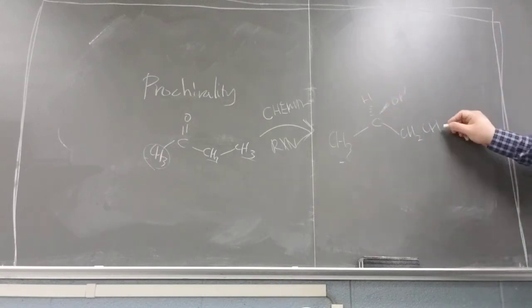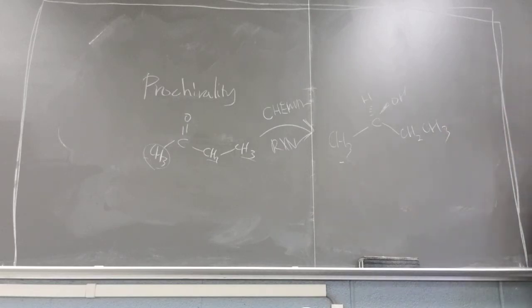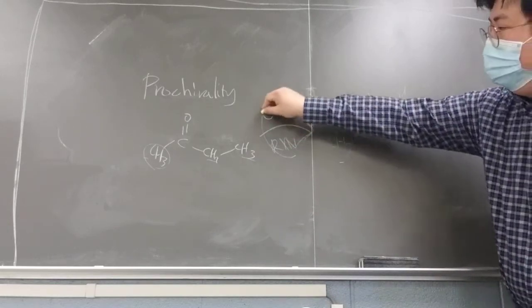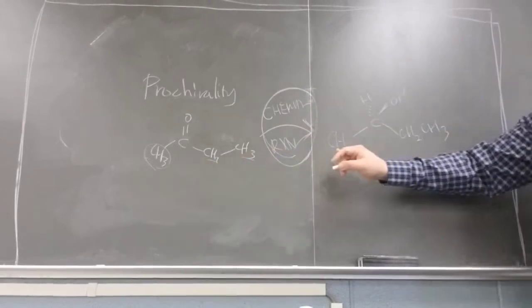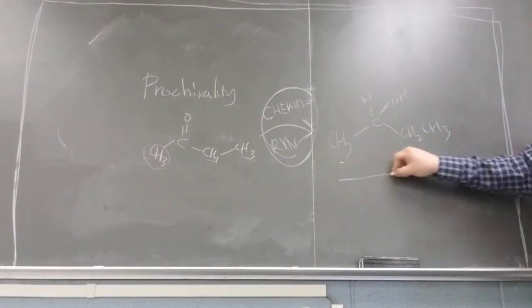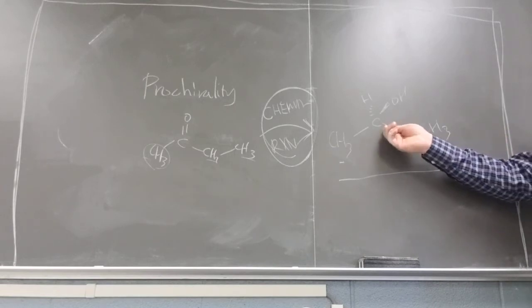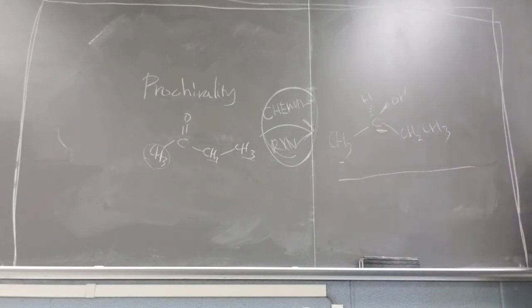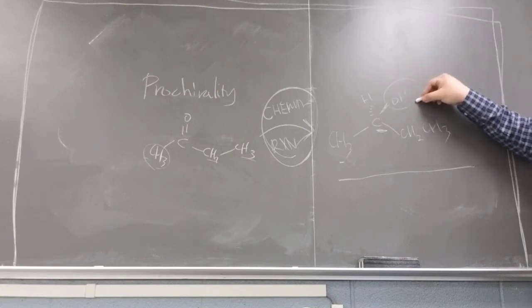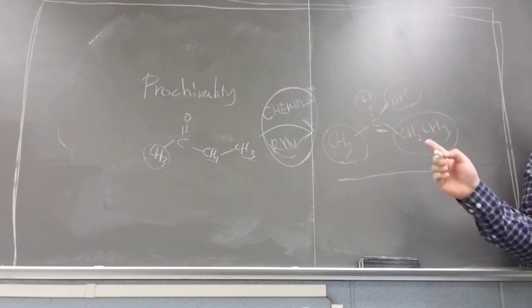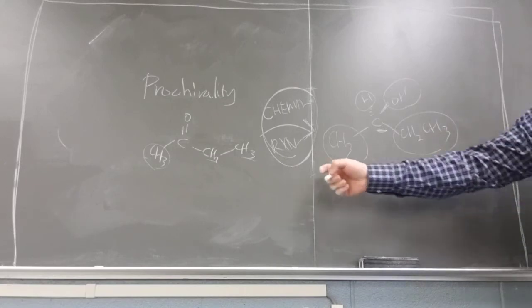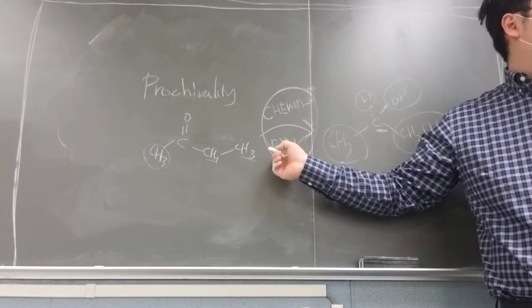So there is one chemical reaction here, and that makes this compound become this one. And now you have a chiral center here. You have a hydroxy group, ethyl group, methyl group, and hydrogen. So now you do have a chiral center after one chemical reaction.